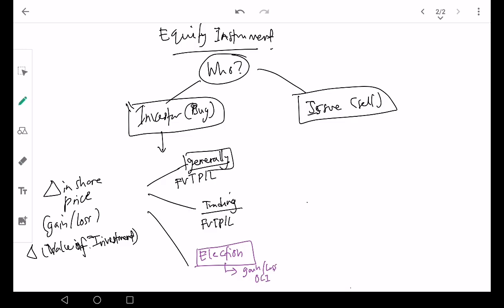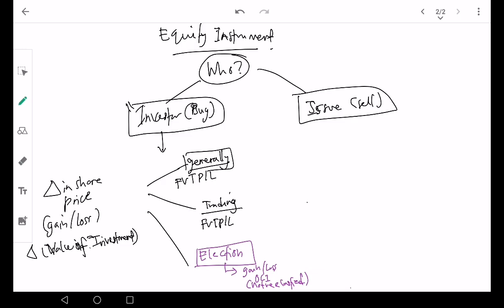OCI is not reclassified to P&L once you sell. So just to share what an election is: when I say election, it means any gain or loss from changes in price, you have to put under OCI.